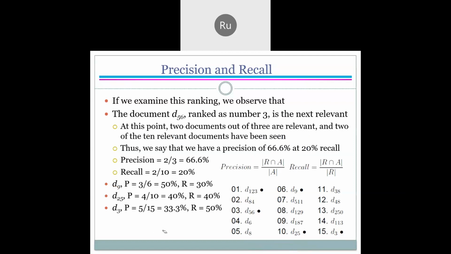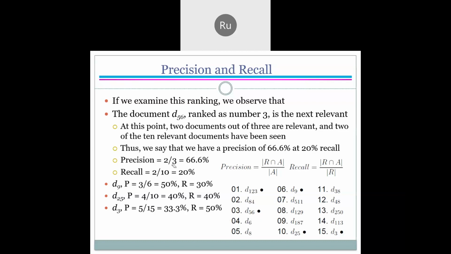Okay. So if we complete the whole calculation here, so for D9 and then D25 and D3, and we have, where is D56? So D56 is here.